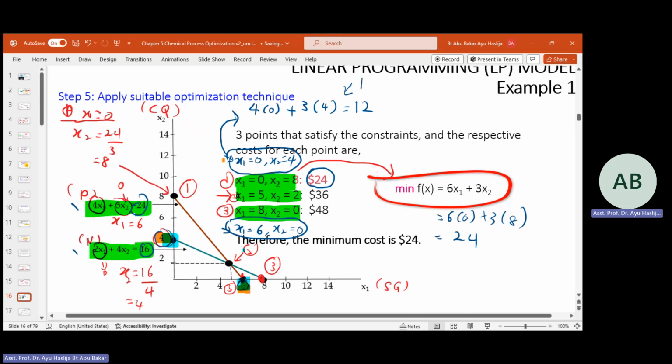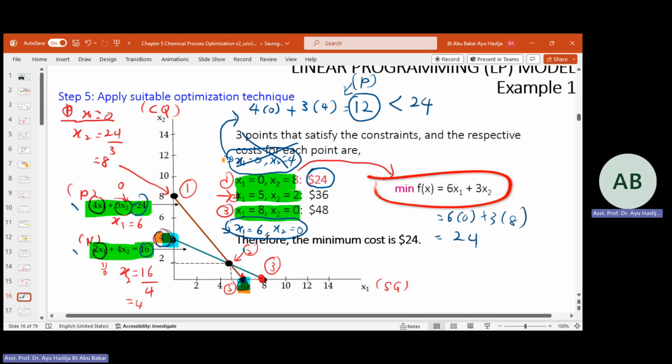This is for phosphate, but our constraint must be at least 24. So 12 is less than 24, so it doesn't meet the constraint. That's why this point is excluded.